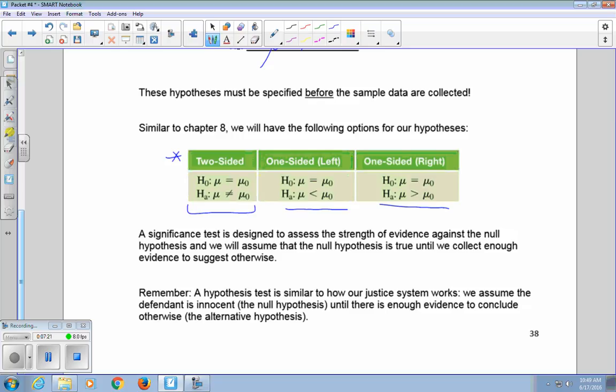Remember that the hypothesis test is similar to how our justice system works, and we're assuming innocence, which in this case is the null hypothesis, until there is enough evidence to conclude otherwise. Okay, so we assume the null, and then if we're able to show that there's enough evidence, we would reject the null hypothesis.